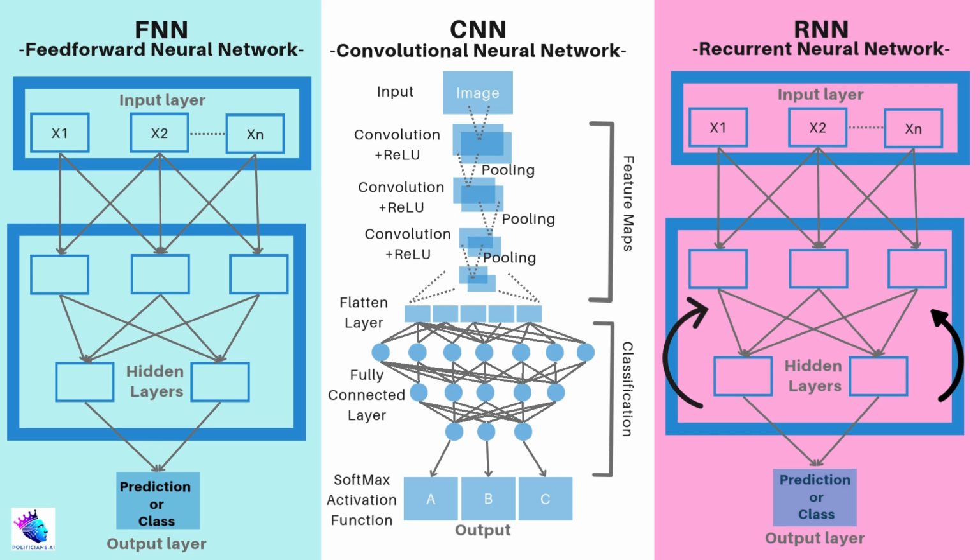Part 3. Recurrent Neural Network (RNN). Now shift to the right side of the diagram. Finally, we have the recurrent neural network, or RNN. RNNs are unique because they have loops in their hidden layers, which allow them to retain information from previous inputs. This means they are capable of remembering sequences and using past information to inform the current processing.